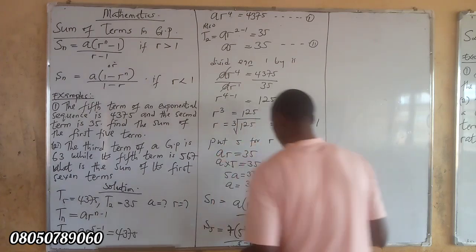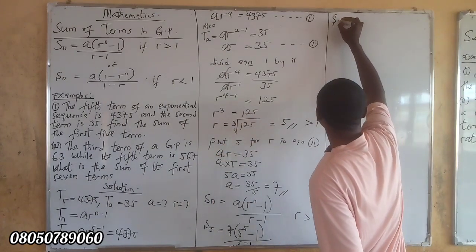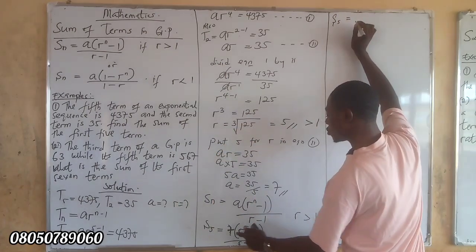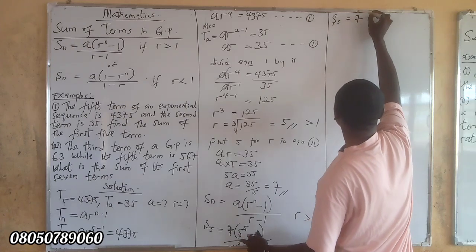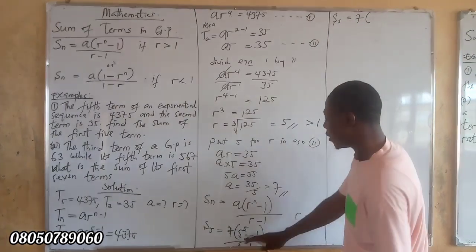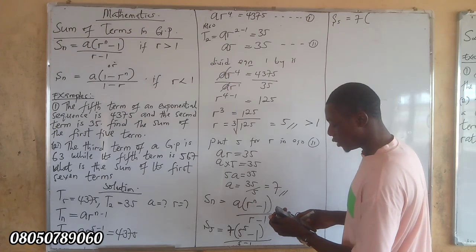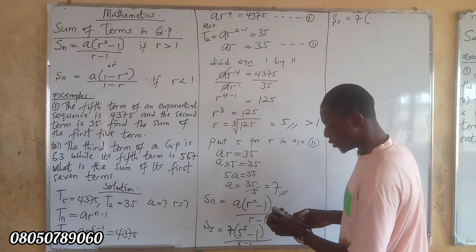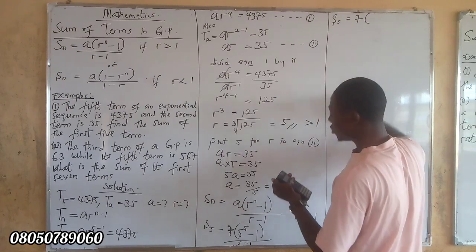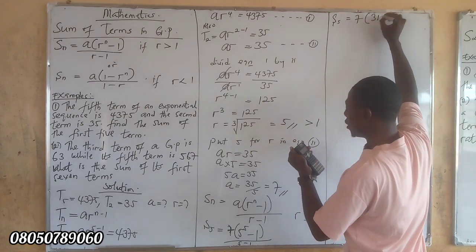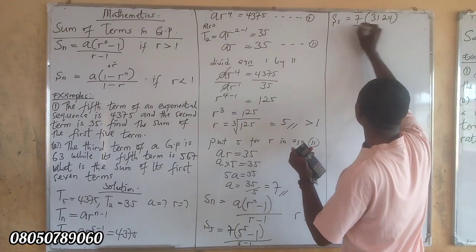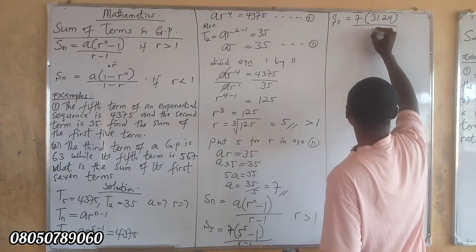So now our S₅ will be equal to 7 into bracket of 5 raised to power 5 minus 1. 5 raised to power 5 minus 1 is going to give us 3124, all over 5 minus 1, which is 4.